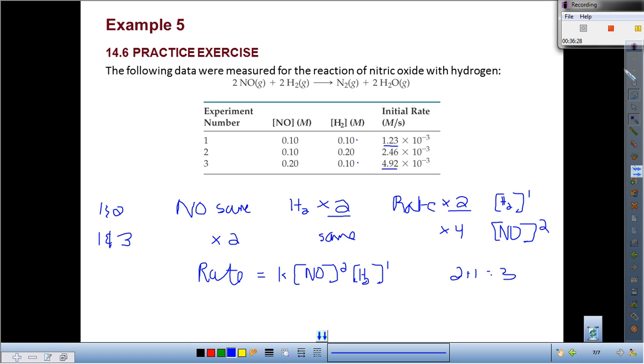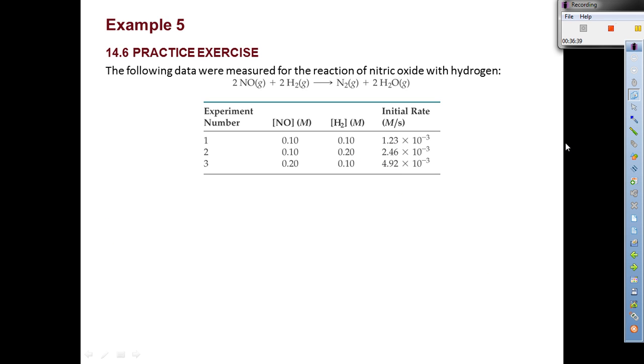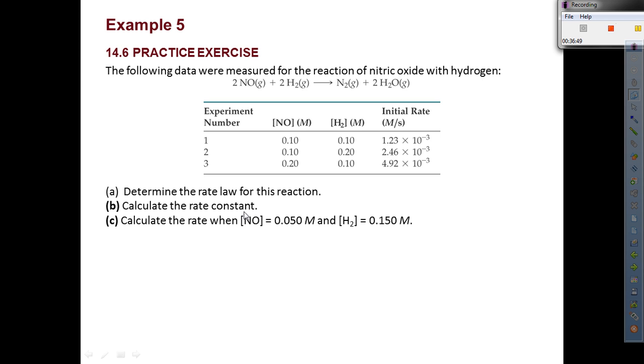Alright, so let's look at some of the other questions associated with this problem. We already know our rate law. Next question is calculate the rate constant. So what am I trying to calculate?